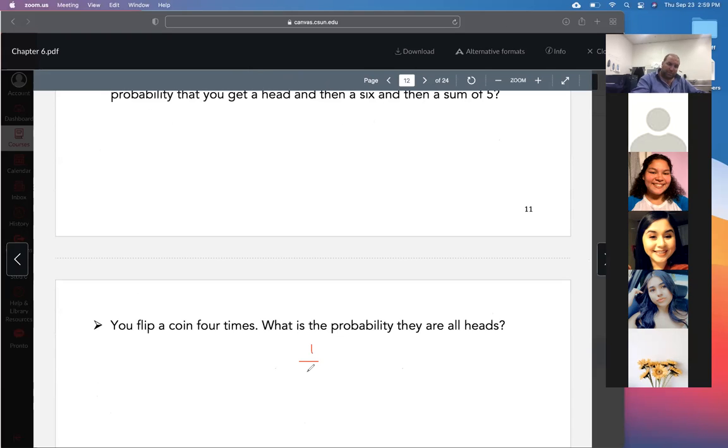So what's the probability that the first one's a head? 1/2. And the second one? 1/2. And the third one? 1/2. And the fourth one? 1/2. And then what do I do to those numbers? Multiply. I don't multiply by 4. I multiply them all together.